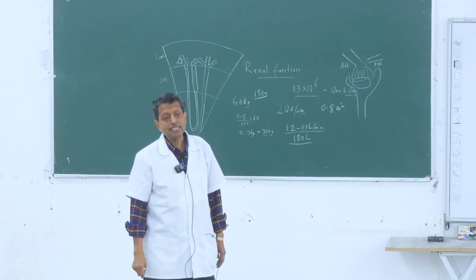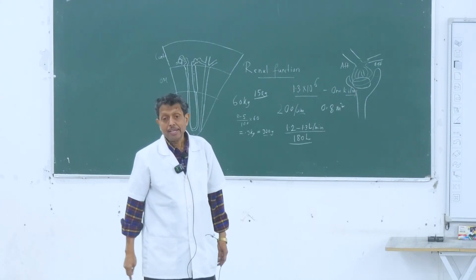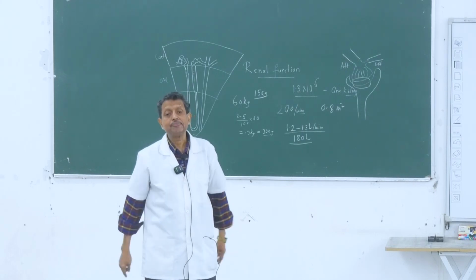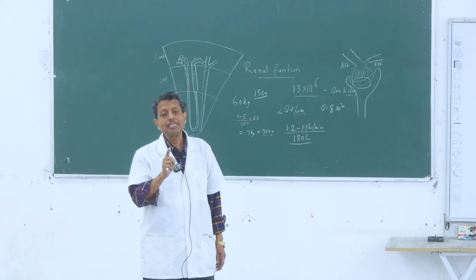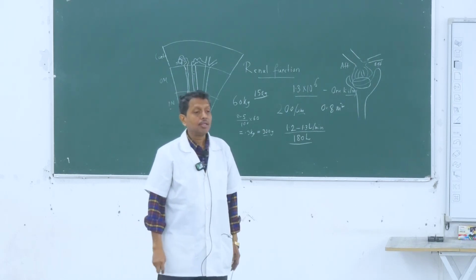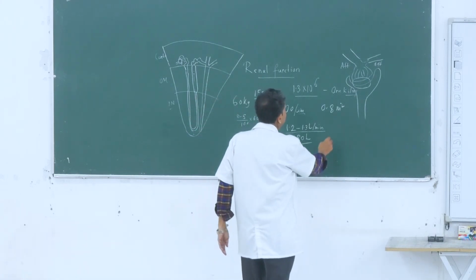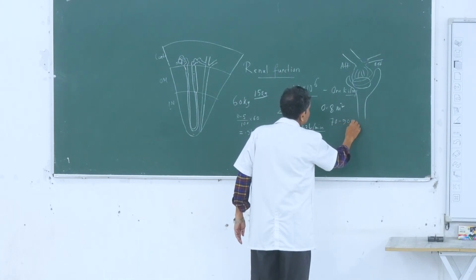The epithelial cells are modified and are called podocytes. They have foot processes that interdigitate in this fashion. The endothelial cells are fenestrated, with fenestrations of 70 to 90 nanometers.